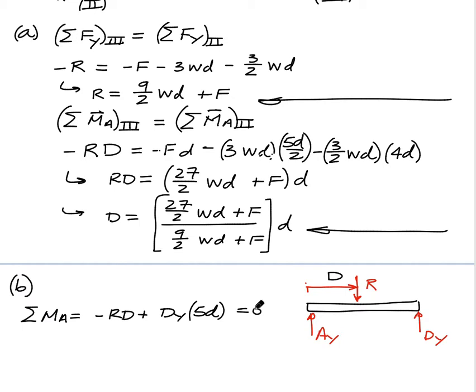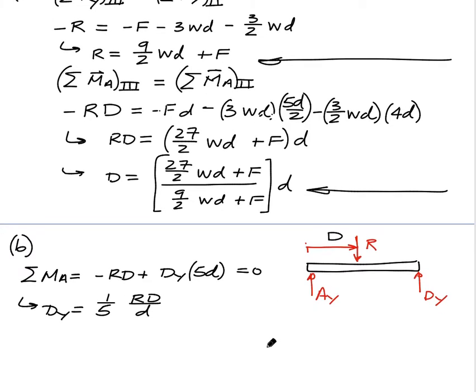So from this, I can get that DY is equal to 1/5 R times D divided by D. And so based on my equation above there for RD, it's going to be 27 over 2 WD plus F divided by 5, so I'll just multiply that by 1/5.